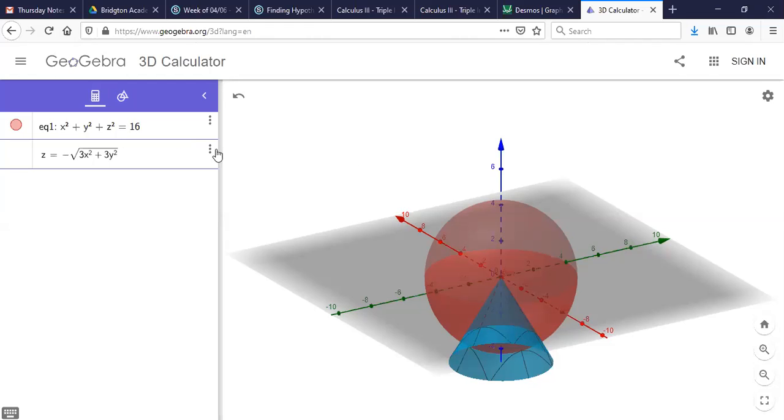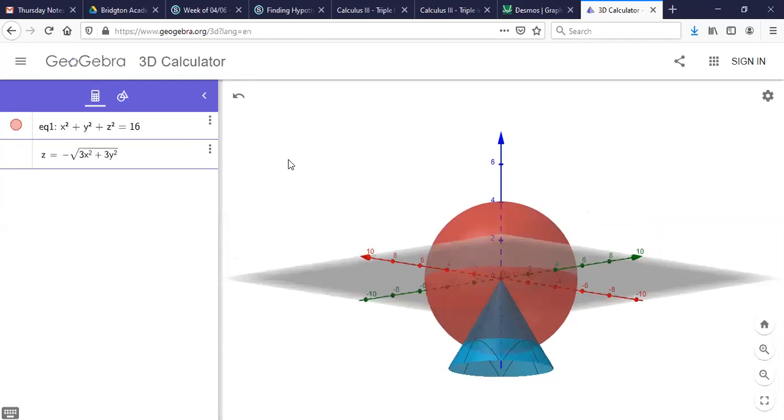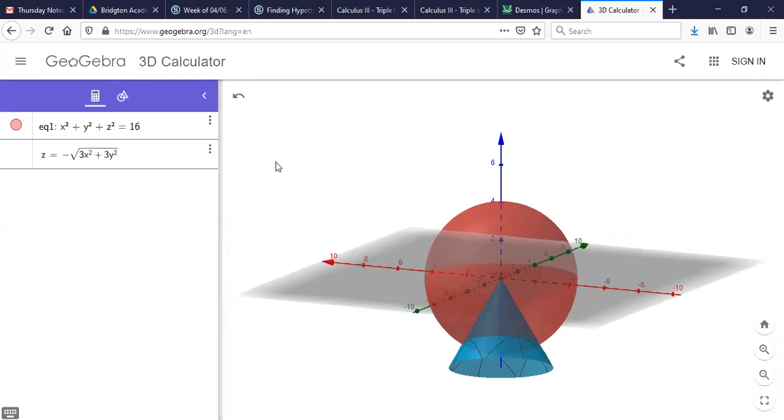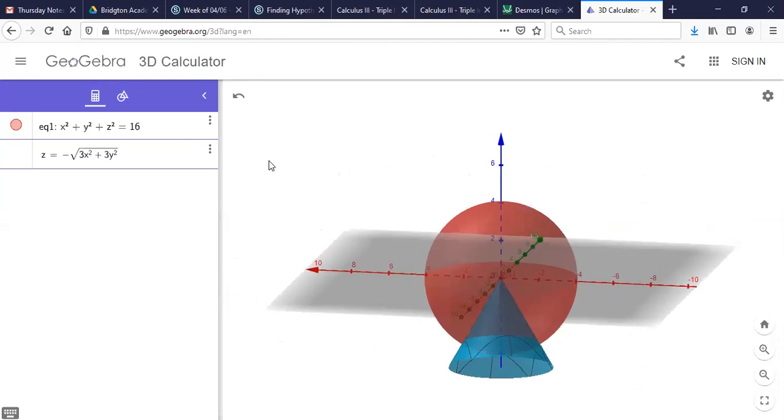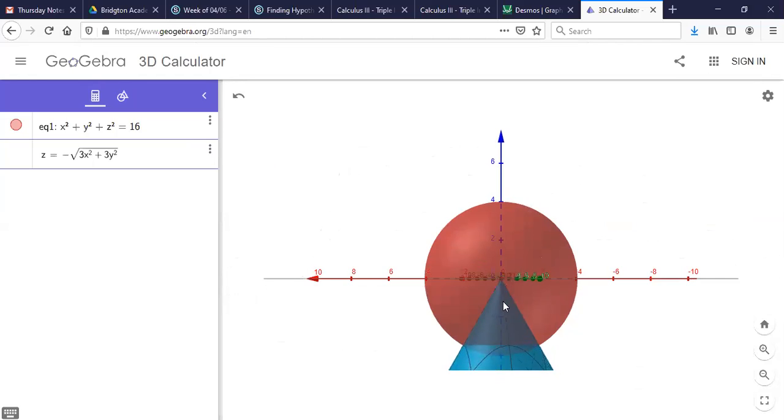This is my region E. You can see what this looks like. This is one I prepared so we can actually see it. This region in here, kind of like an upside down snow cone.